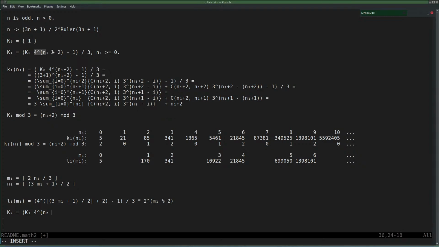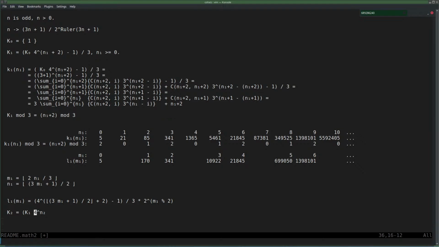And then the big trick here is that now K1 is pre-multiplied by 2. Okay, let's explain that. Let's not talk about that yet.